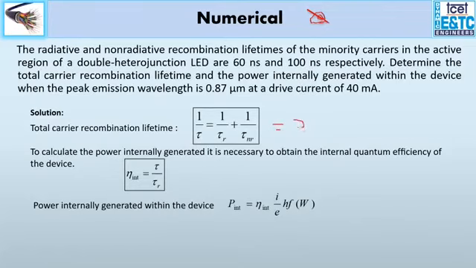So it is 37.5 nanoseconds. So tau is 37.5 nanoseconds. What is efficiency?